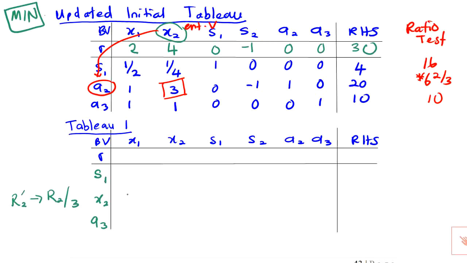So we get 1 over 3, 1, 0, negative 1 over 3, 1 over 3, 0, and 20 over 3.